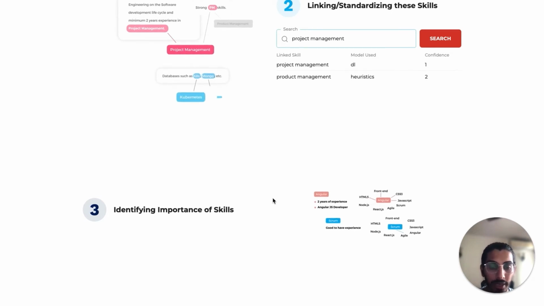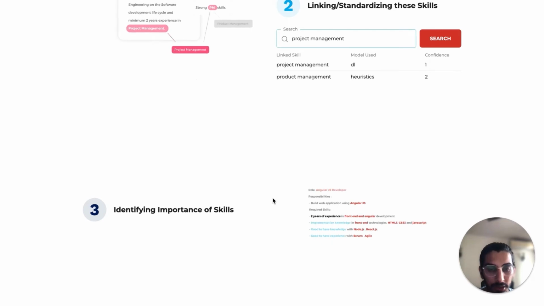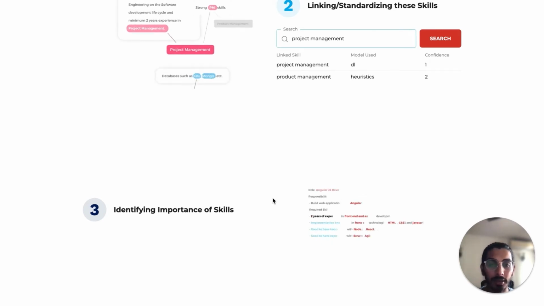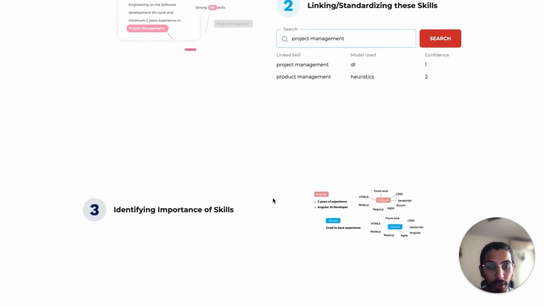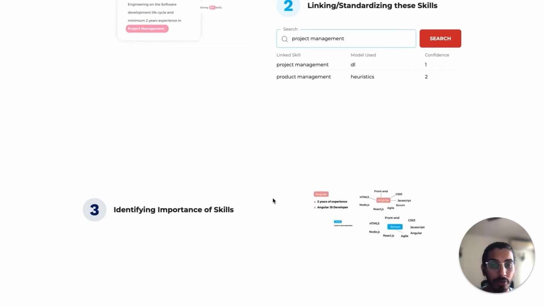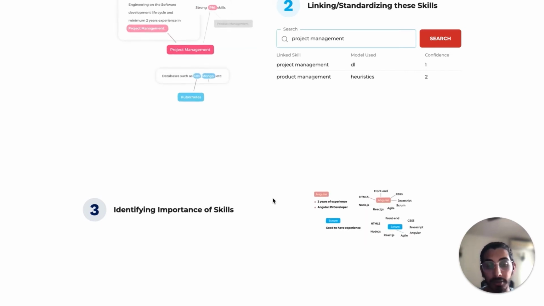Based on that, the machine learning engine identifies the primary skills and secondary skills of the job. It also infers skills which you may not have mentioned in the job description, but which are very important to look for, because they will help you discover better candidates.